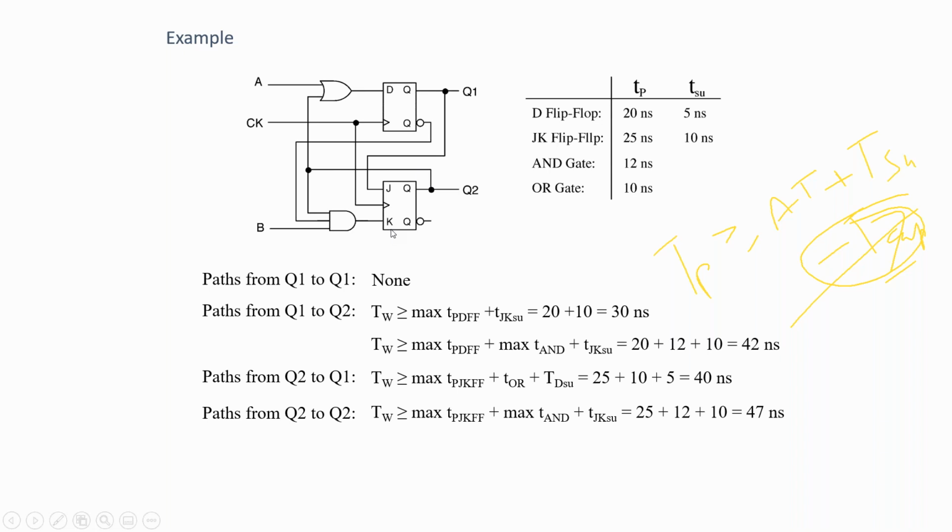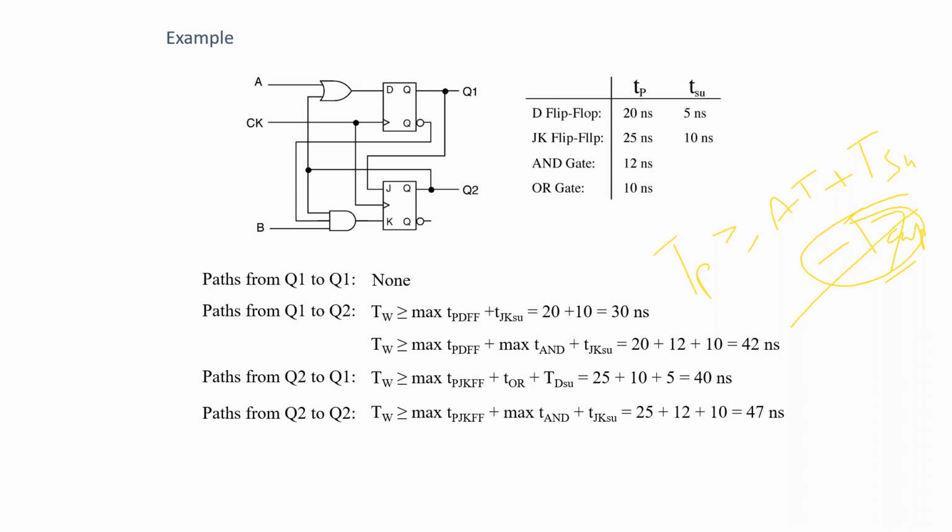So JK flip-flop propagation delay is 25 nanosecond, AND gate delay is 12 nanosecond, and setup is 10 nanosecond. Altogether is 47 nanosecond. So we have 4 time periods: 30 nanosecond, 42 nanosecond, 40 nanosecond, and 47 nanosecond.